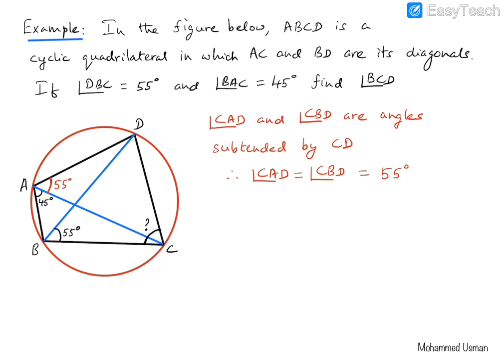So once we know what is angle CAD, we can find the total angle A, which is the angle BAD. So we will have angle BAD equal to angle BAC plus angle CAD, which is 45 degrees plus the 55 degrees, which is equal to 100 degrees.